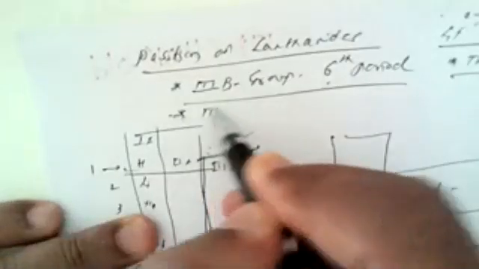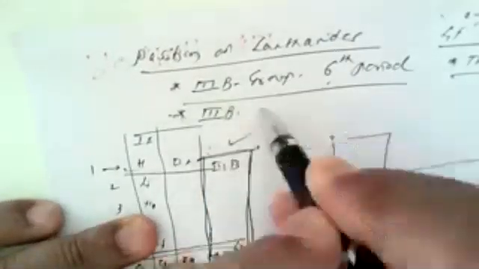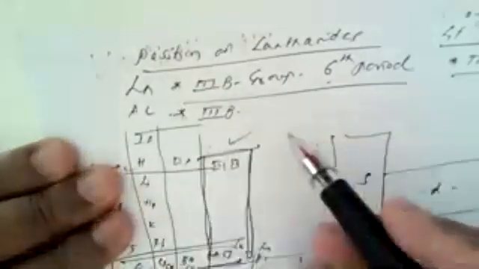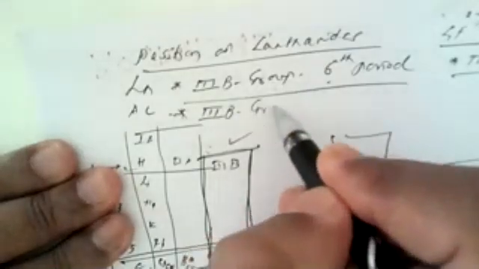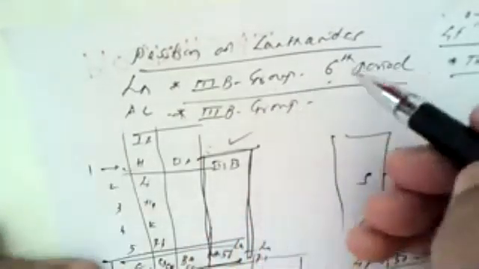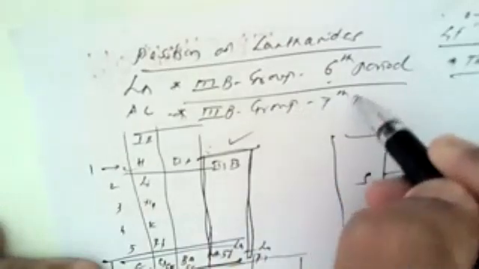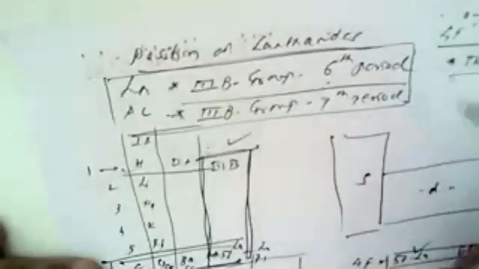Again, just see here, you have to note this and keep this in a box: the position of lanthanides, Ln stands for lanthanide, Ac stands for actinides, is 3rd B group, again 3rd B group, but the period number is 7. So this is the point of difference between the position of lanthanides and actinides.